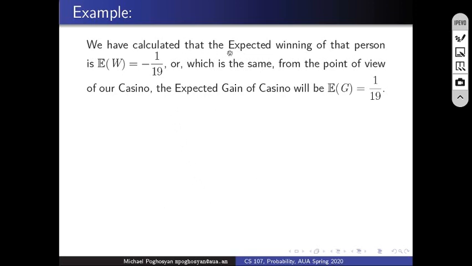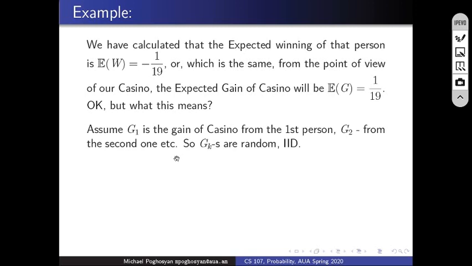We have calculated the expected winning of that person. Expected winning is minus 1 over 19, which is the same from the point of view of the casino. Expected gain of casino from that person will be 1 over 19. Gain of casino from that person's game. Okay, what does this mean, how to interpret this?